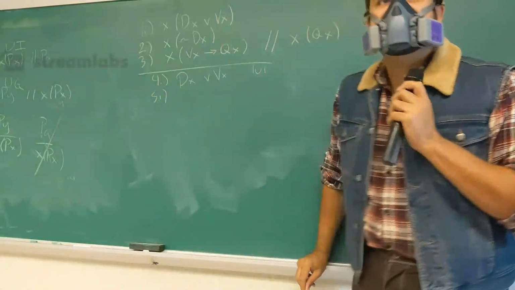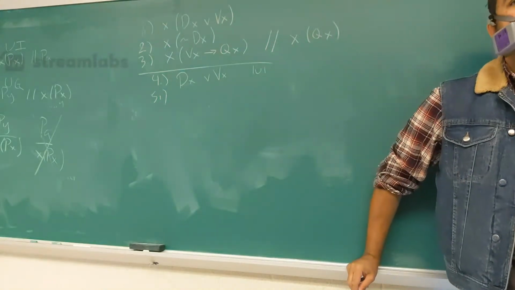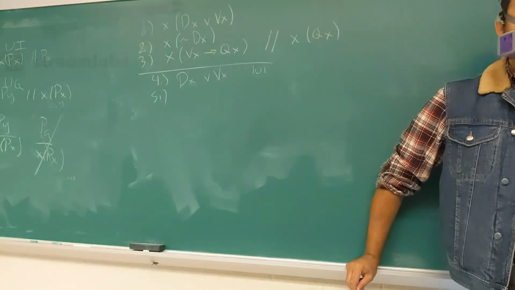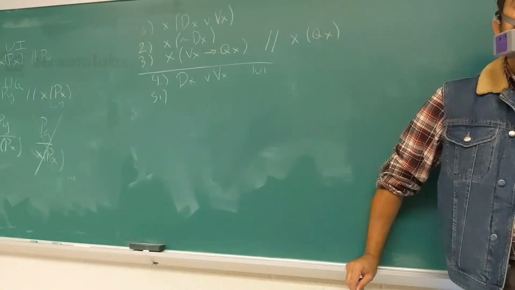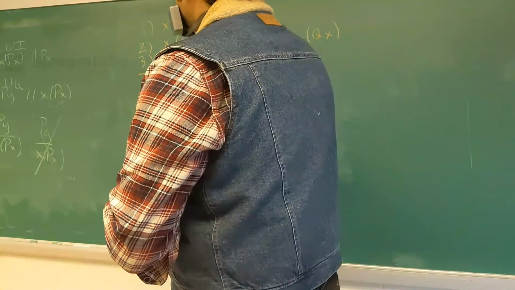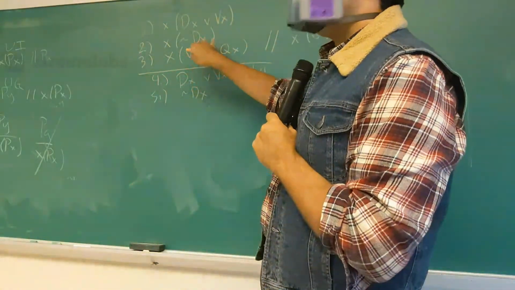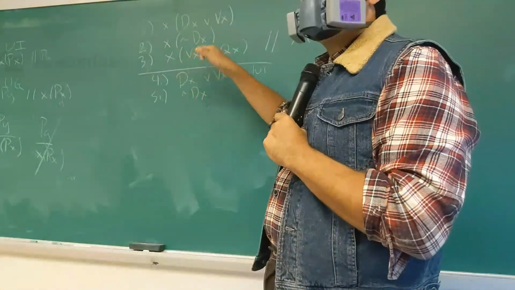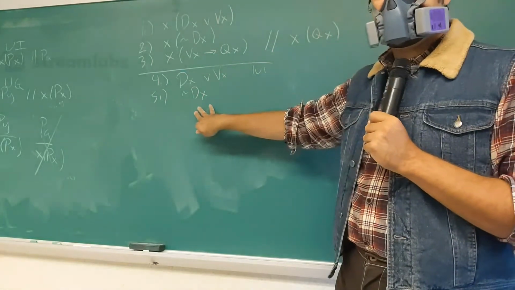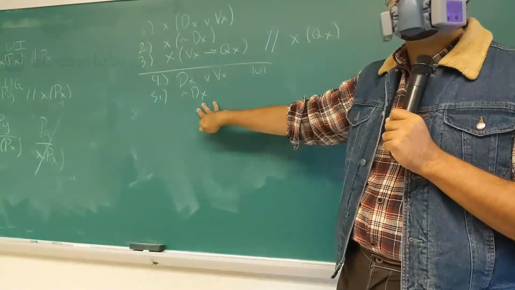All right, now what? You can do the same thing in line 2 and get half dx. Yes. And now I can instantiate with anything I want technically, but if I want to get back to a generalization, I'm just going to use the really vague ones, x, y, and z.